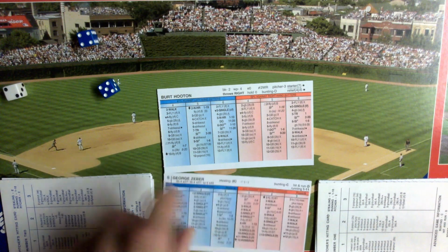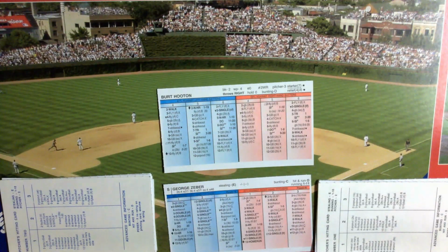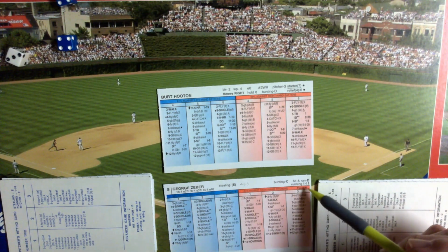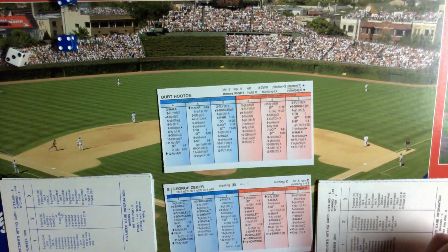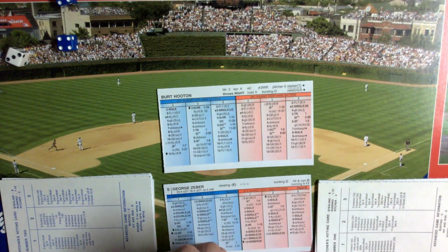It's actually Zeber, not Zerber. So he's batting from the left side of the plate. That's a 3 and a 9 against a right-handed pitcher. And that is a strikeout.